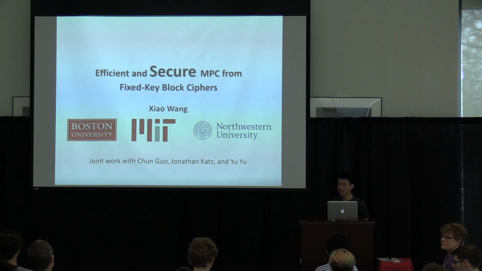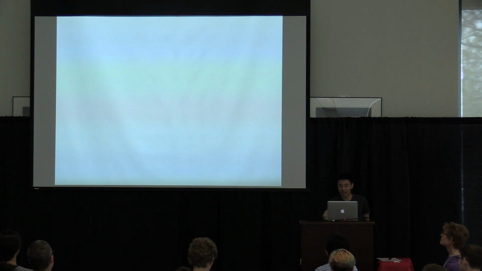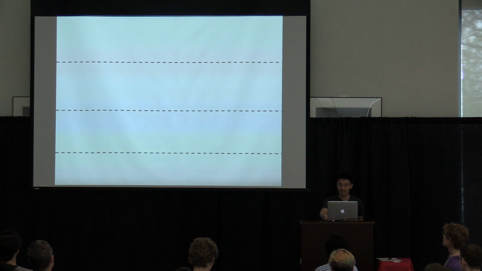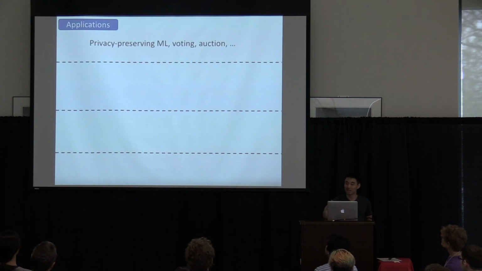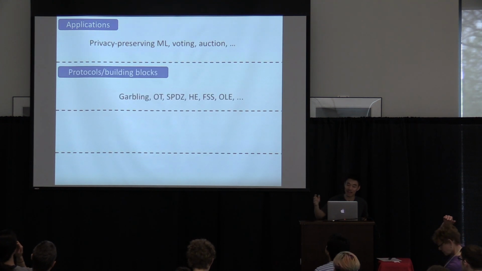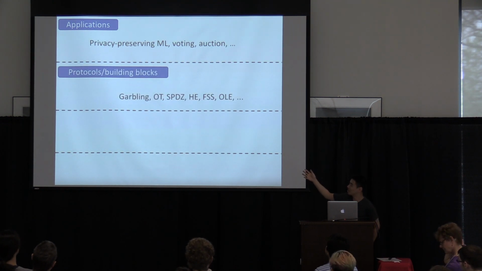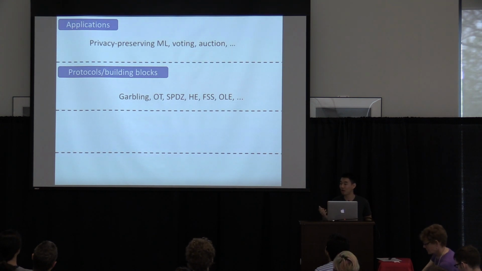To give everybody some more ideas, let me first partition the work of MPC into a few layers. At the topmost layer are applications, where we build different kinds of practical systems for different uses. Then at the lower level are protocols and building blocks.